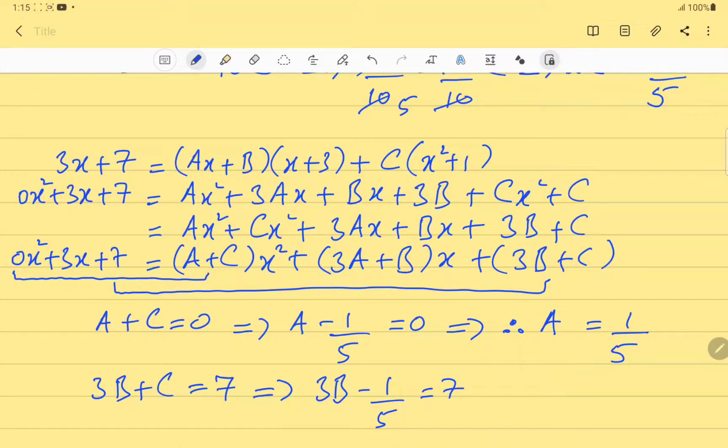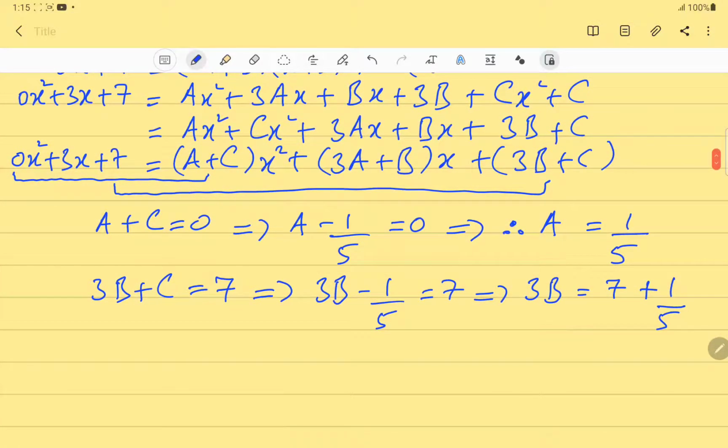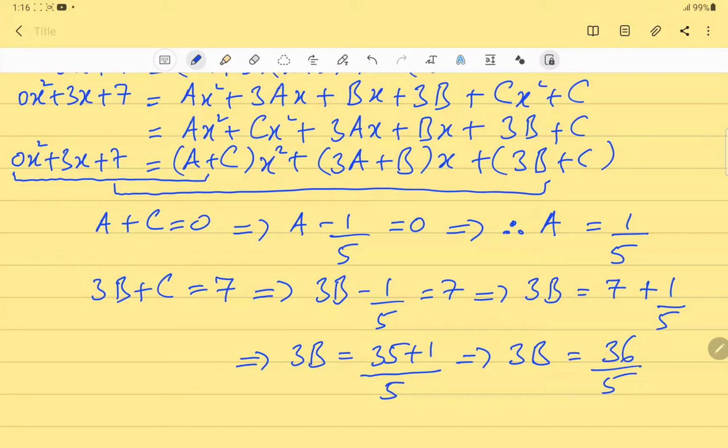So 3b is equal to 7 plus 1 over 5. 3b is equal to 35 plus 1 over 5. So 3b is equal to 36 over 5.